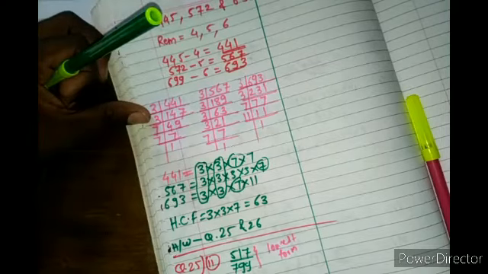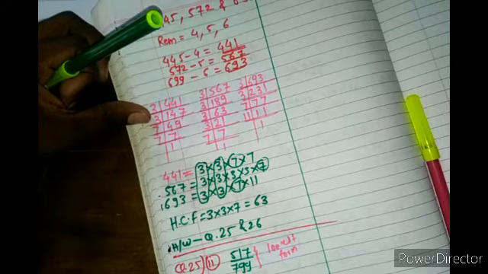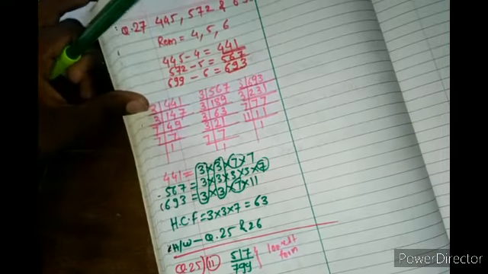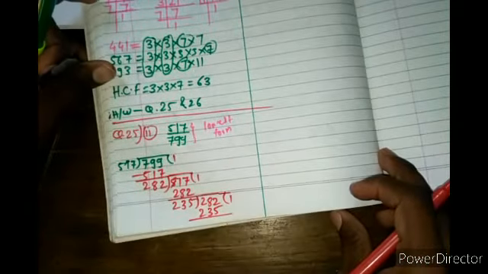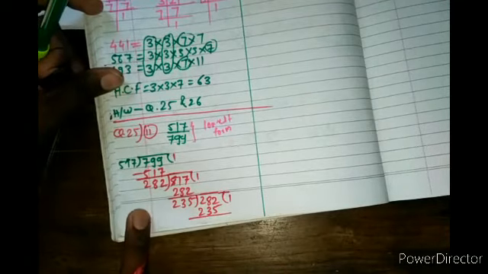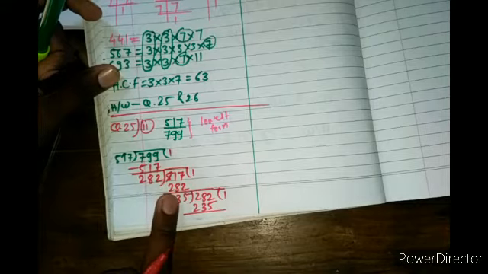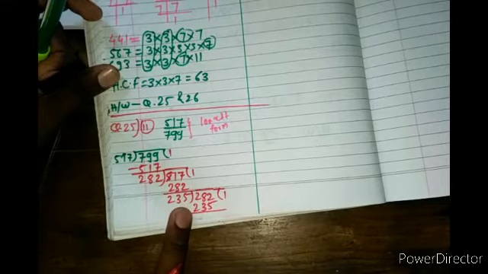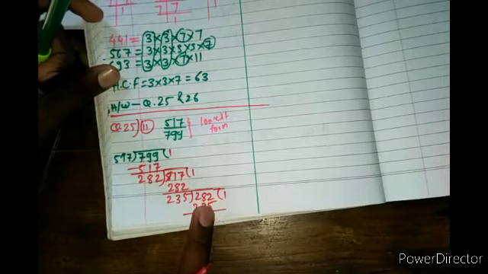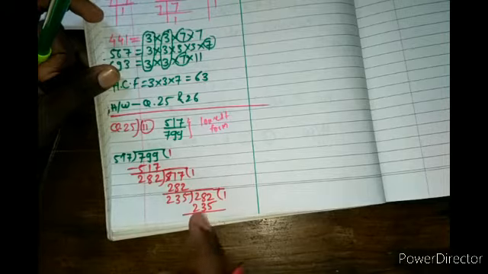Now 235 will divide 282. This also once, 235. Now you will be able to see how I went. These are the numbers: 517, then once 282, then 235 is the remainder, then I will take this remainder as divisor and 282 as dividend, and again 235 once is 235 and I subtract.